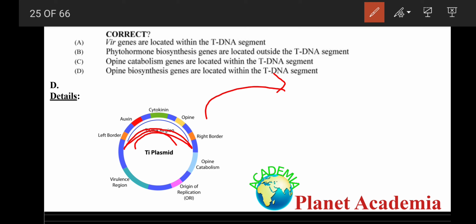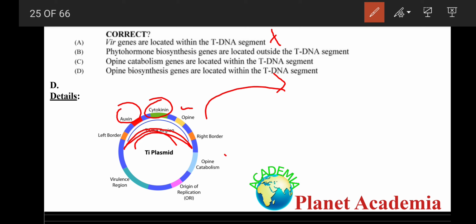Vir genes, no. In the T-DNA segment, there are no vir genes. So not true. Phytohormone biosynthesis genes are located outside the, no, you can see cytokinin, auxin, these are inside the T-DNA region. The next option: opine catabolism genes are located within the T-DNA segment.